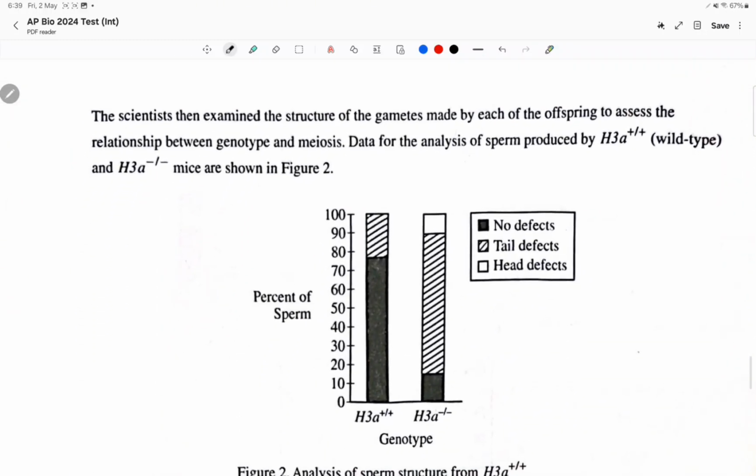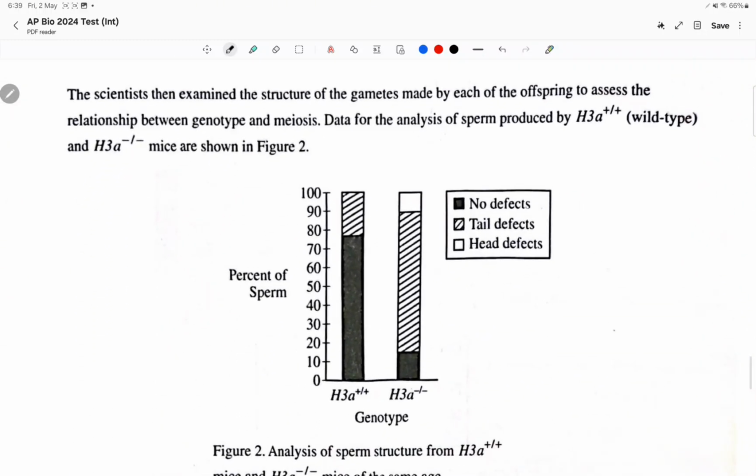The scientists then examined the structure of the gametes made by each of the offspring to assess the relationship between genotype and meiosis. Data for the analysis of sperm made by the H3A double plus wild type. So the wild type will always serve as the control. And the H3A minus minus mice.